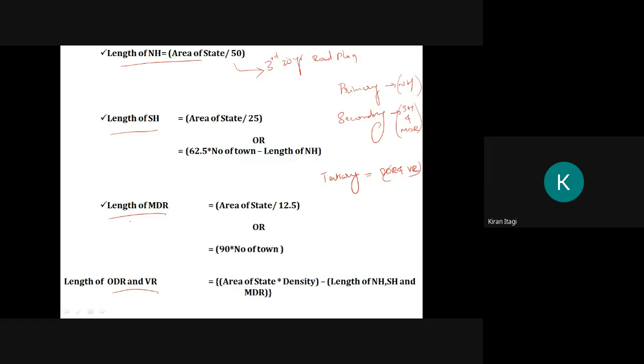Okay, so we will go to numericals. The question is like this: the area of one of the districts in Maharashtra state is 10,000 square kilometer.